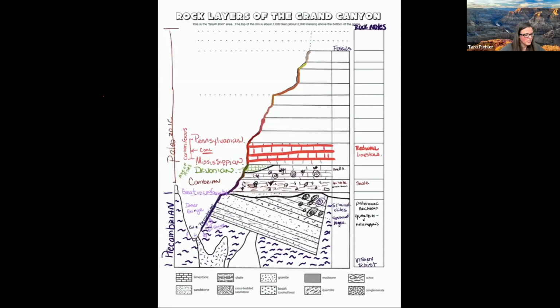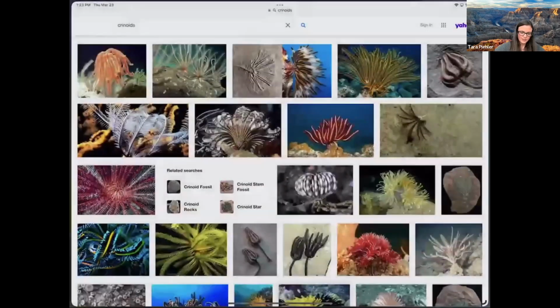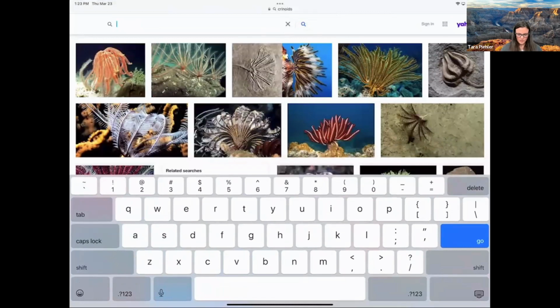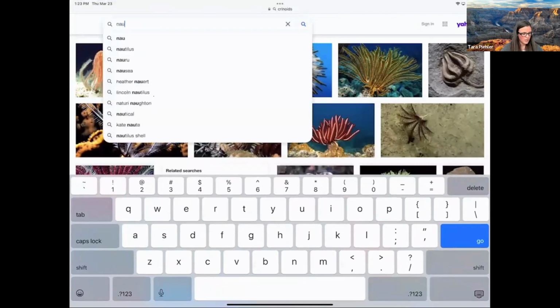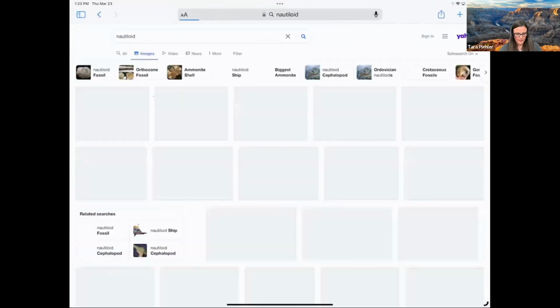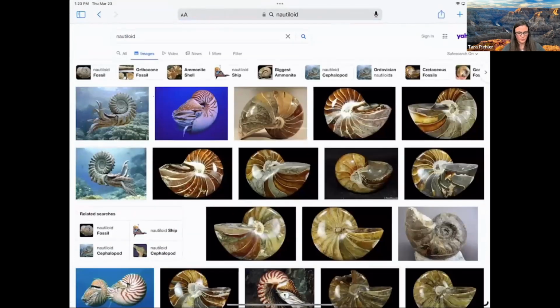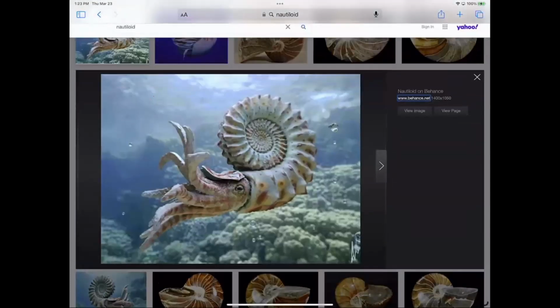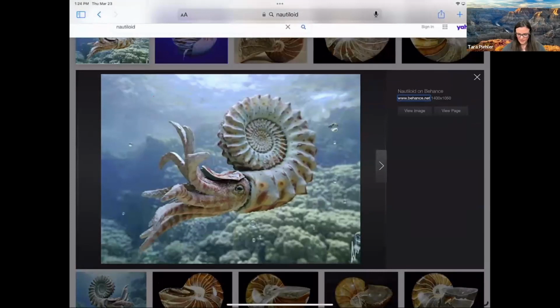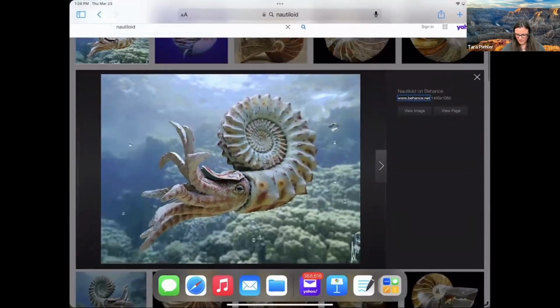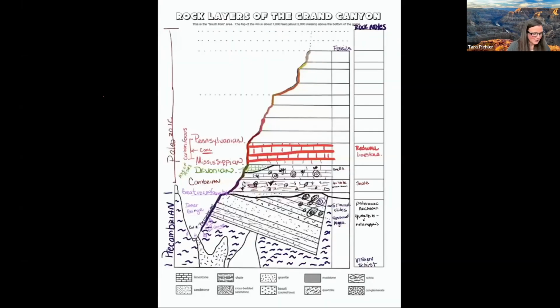All right, so in our Mississippian layer, here's where we're going to have our fossils. These things, conch shells. Oh, Nautilus shells. I said Nautilus, but I'll go with that, it's fine too. So we're going to draw these. That's our fossils in this layer.